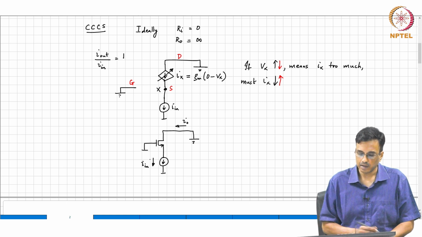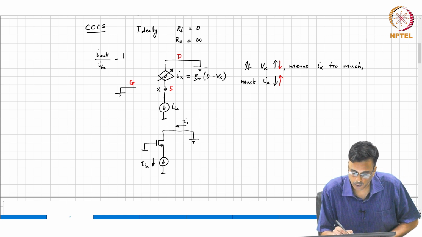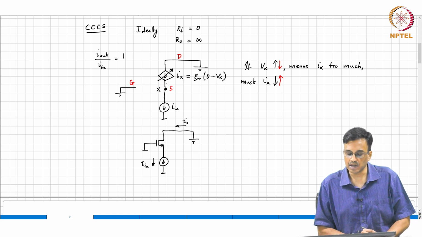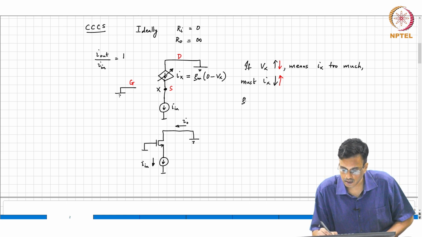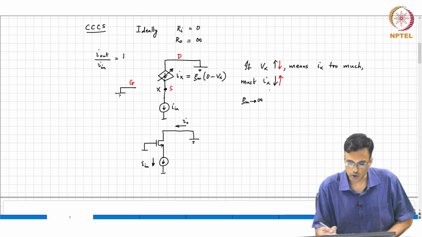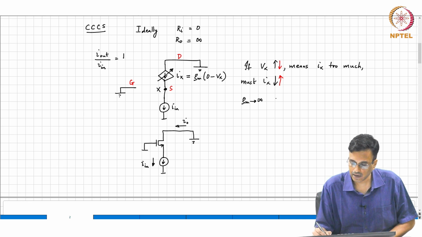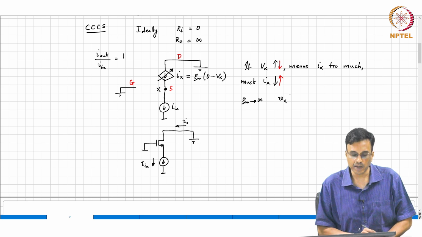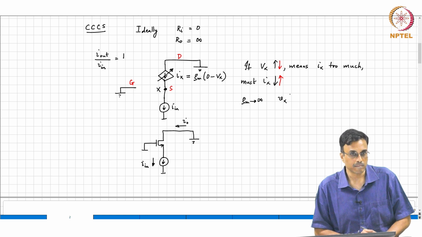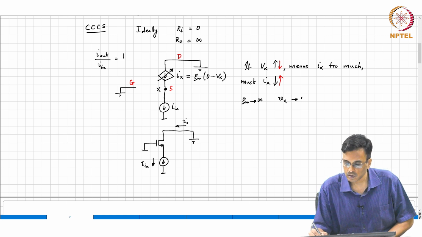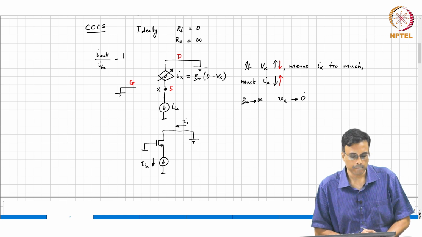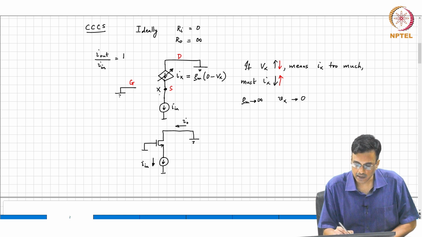So, therefore, what comment can you make about, if Gm tends to infinity, the incremental potential of node X? Vx will tend to 0. So, what comment can you make about the input resistance?